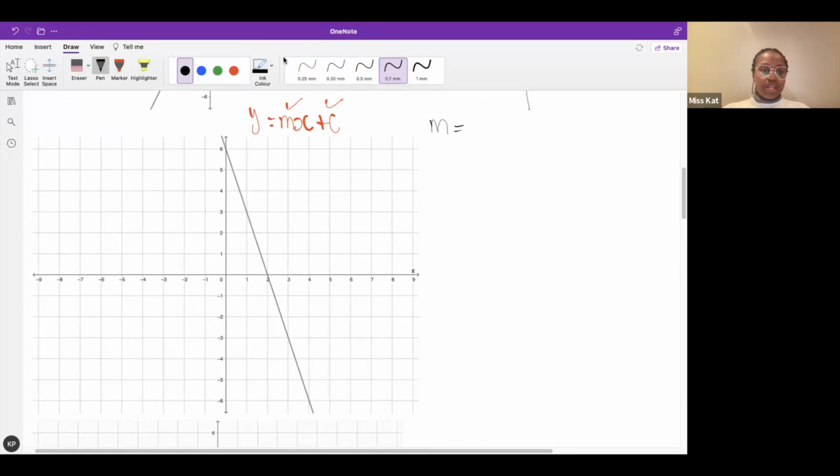Before we do M and C, let's identify some few points. In the previous one, I gave you coordinates to work with. But when you have a random graph like this, you're going to have to pick coordinates, okay? So, yes, Tammy? Hi, ma'am. Hello. How are you, ma'am? I'm good. Brilliant mark, by the way. I won't tell everyone, but.